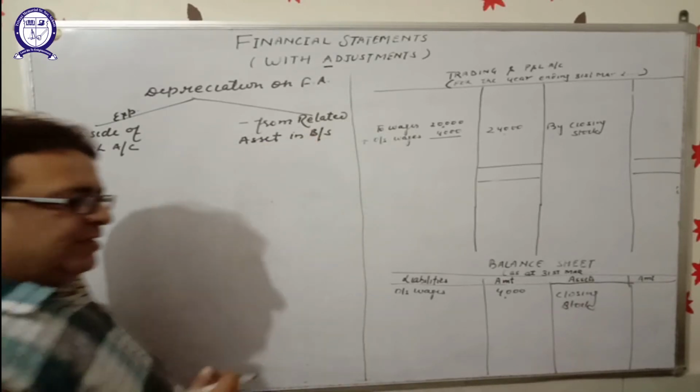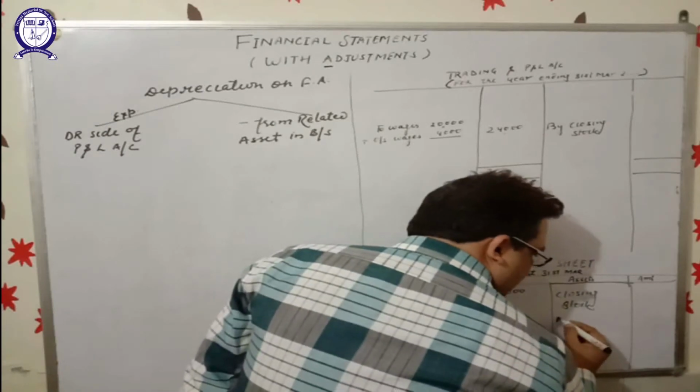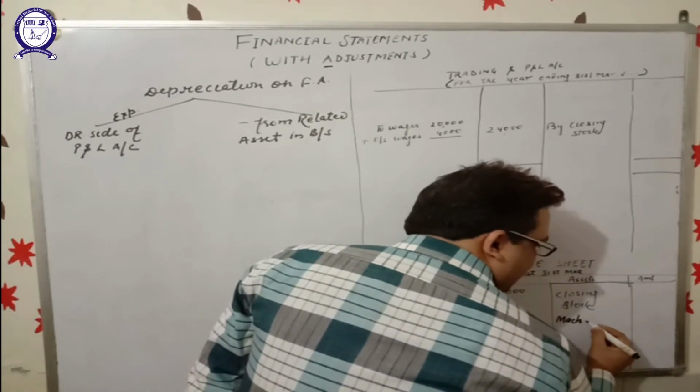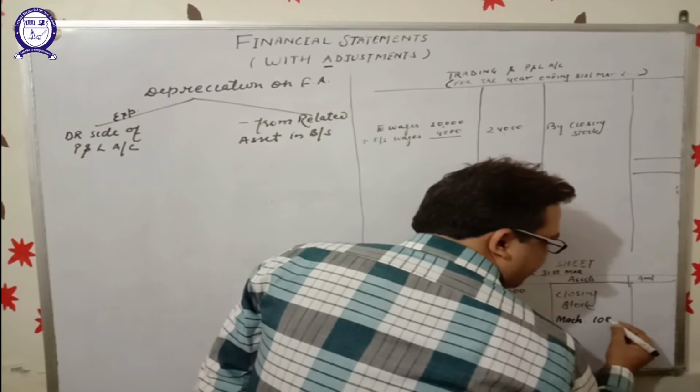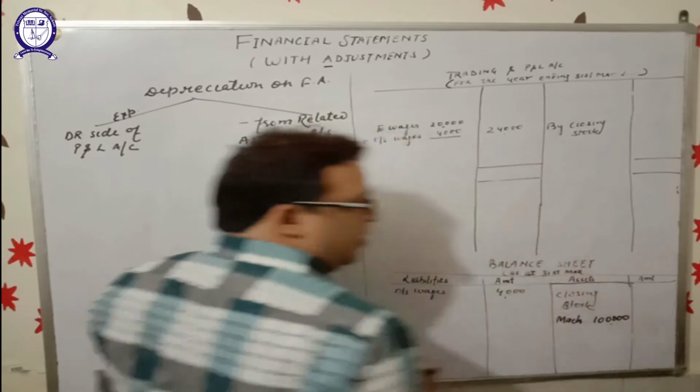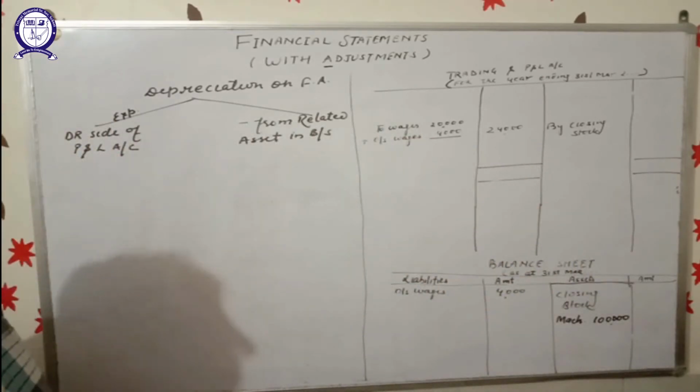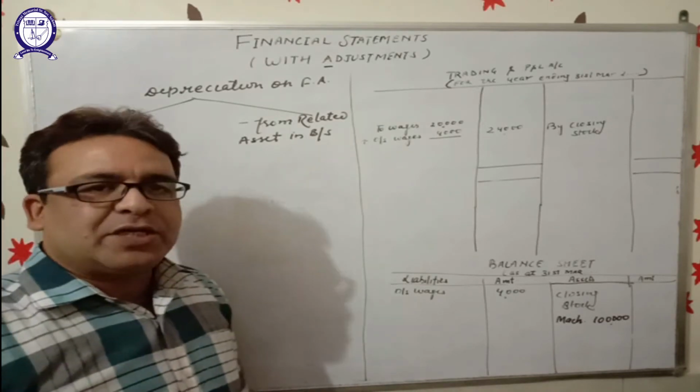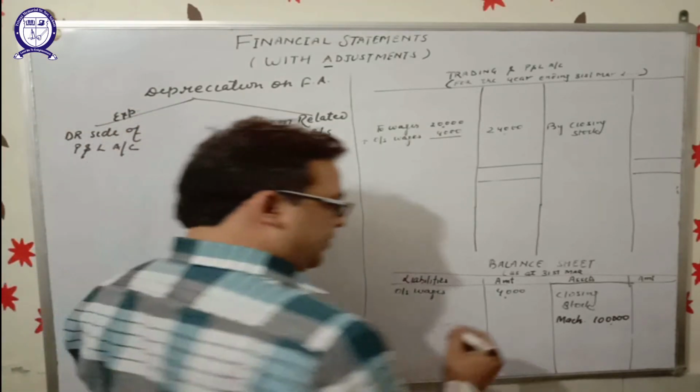Let us understand this concept. Suppose in trial balance machinery is given 1 lakh, and in adjustment 10% depreciation is to be charged on machinery.